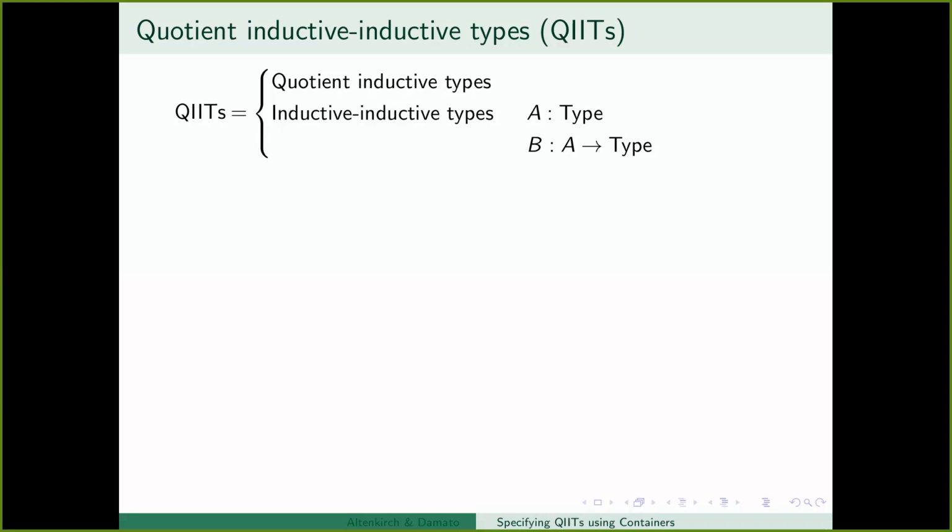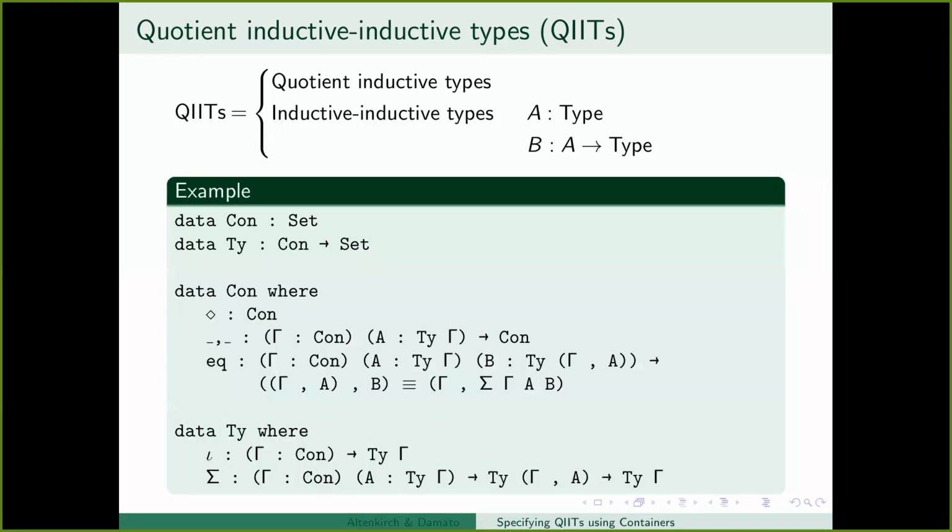I've given an example here of a very simple type theory, which has two sorts, Con and Ty. Con is the type of contexts, and Ty is a family over Con, which is the type of types over contexts.